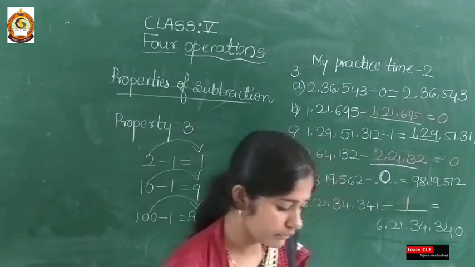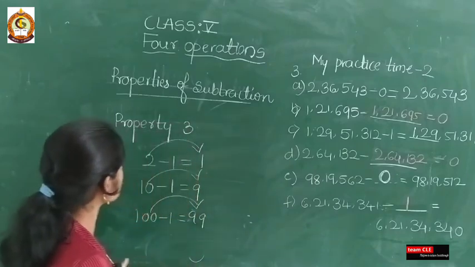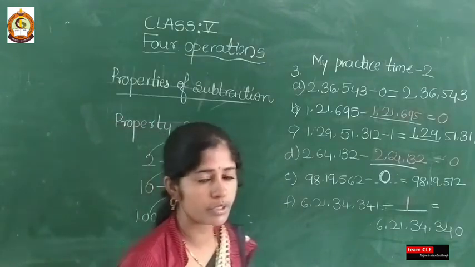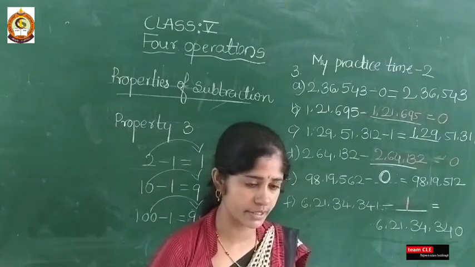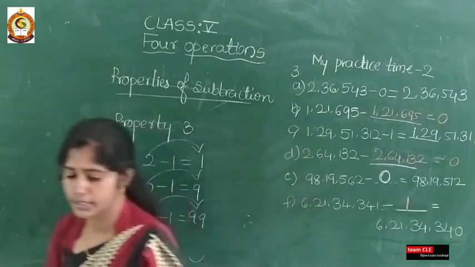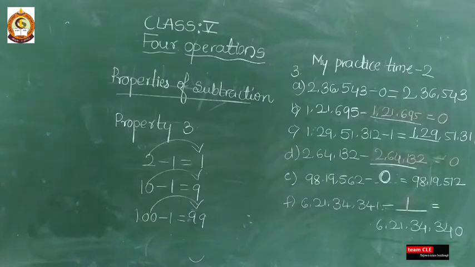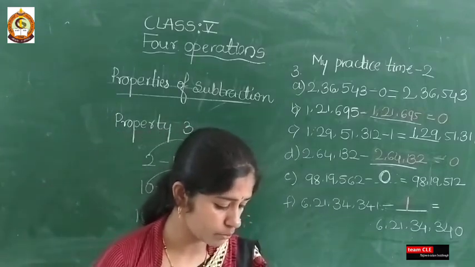See here, they have given fill in the blanks on the basis of this property. If you understood the properties, then you can write these fill in the blanks very easily. So here in subtraction we will see 3 properties.